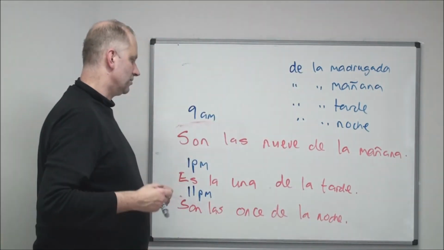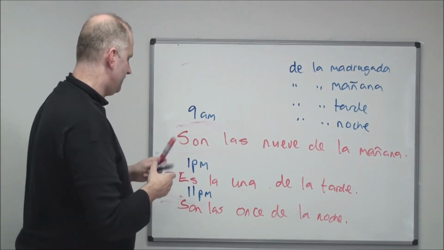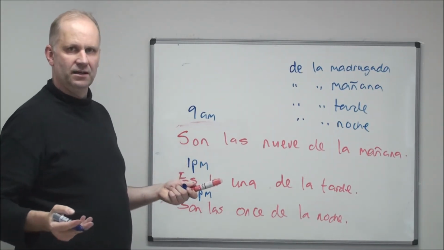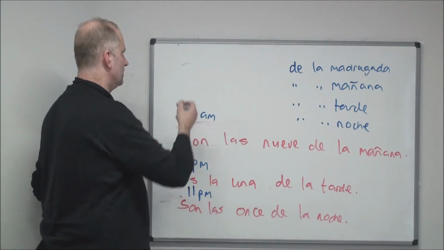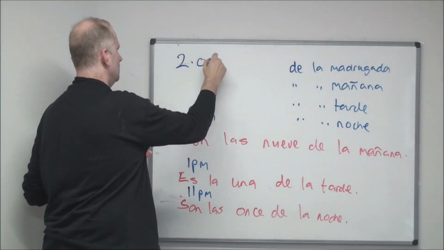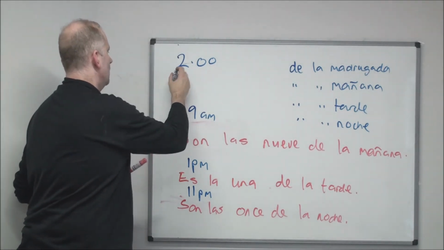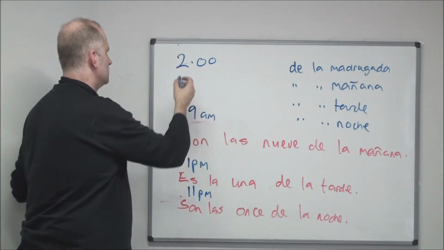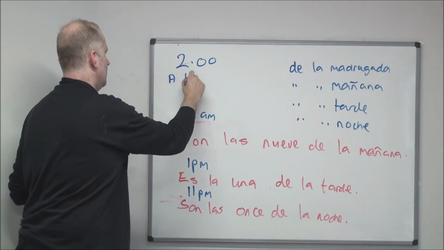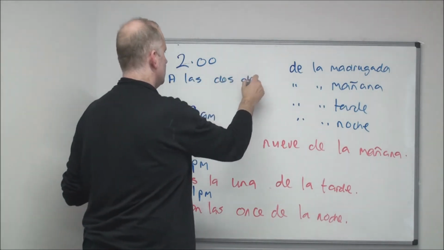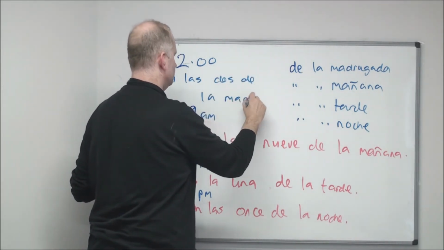Son las 11 de la noche. If somebody says, what time did you get in last night? Or this morning, you say 2 o'clock in the morning. You could say, I got in at 2 o'clock, so a las 2 de la madrugada.